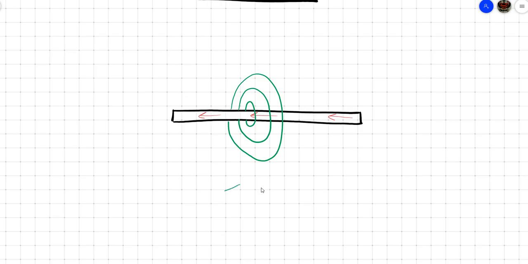So we've got the thumb pointing this way, therefore the curl of your fingers is pointing this way. So it goes like this. So this is how it looks like. Now we have a wire that has current in it. This creates a magnetic field, isn't it?